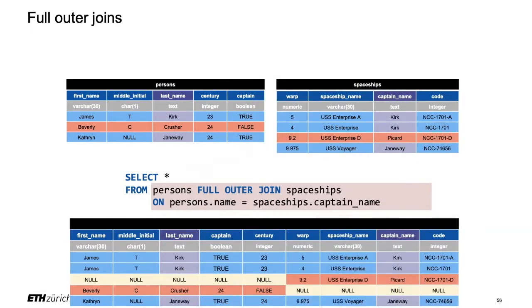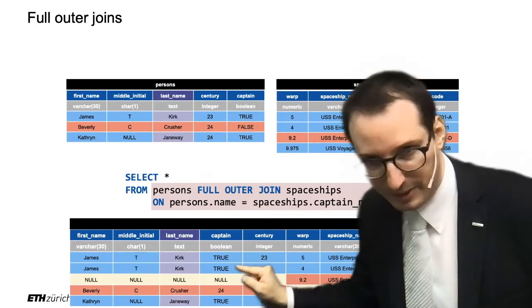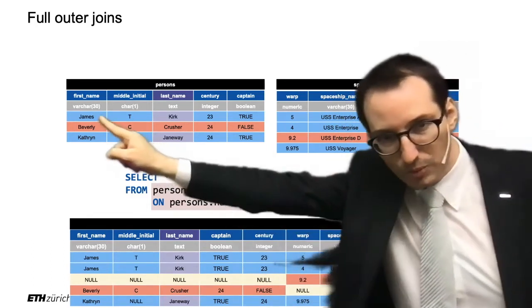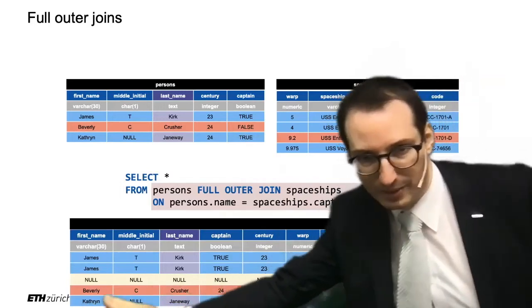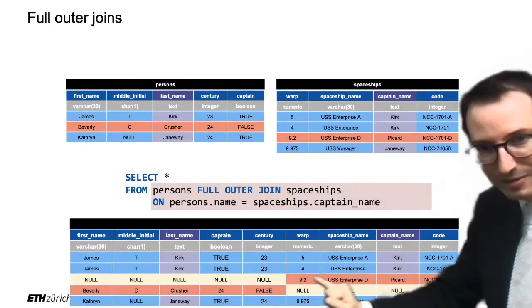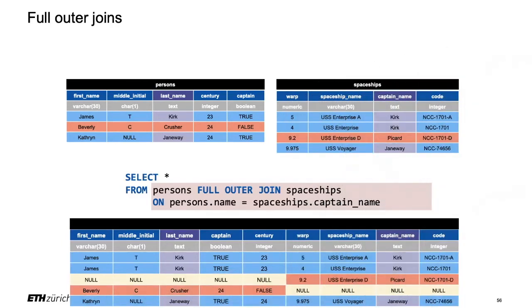So you see now we have the three matching cases. So Kirk, Kirk, again Kirk, Kirk, and then Janeway, Janeway. So the three that match, which are here, here, and here, plus those that don't. So we have this tuple right there, here, that doesn't match anything, so we put nulls. And then we have the tuple from the right, right here, that doesn't match anything, so we put nulls. This is a full outer join.